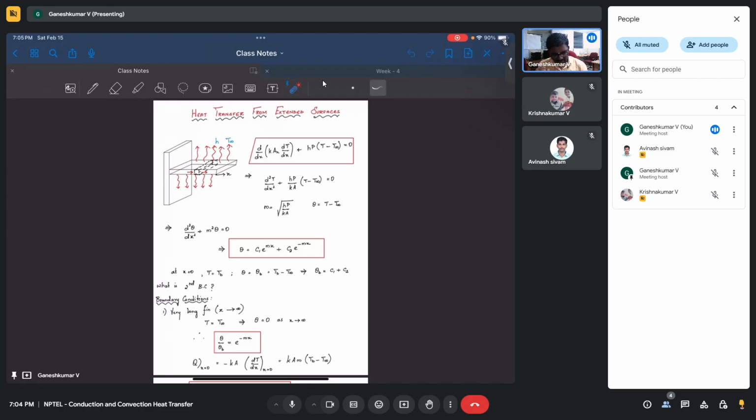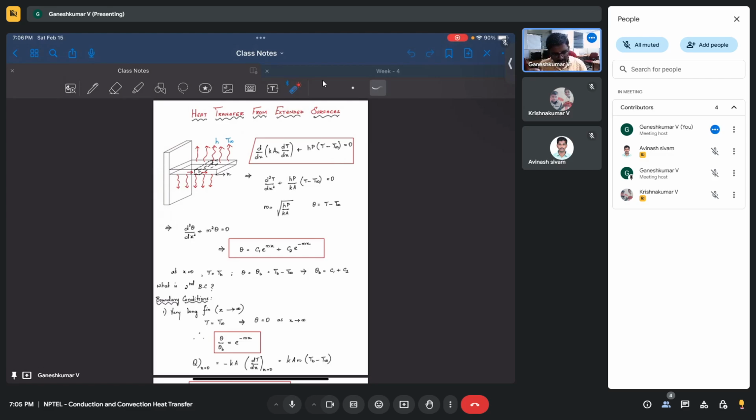Initially we started with the rectangular fin, and in general we derived this equation. This is without heat generation, and we simplify by saying that k is constant, and the area is also constant for a rectangular fin along the x direction. So these are all 1D assumptions. When I draw this in 3D, it doesn't mean I'm performing a 3D heat transfer analysis.